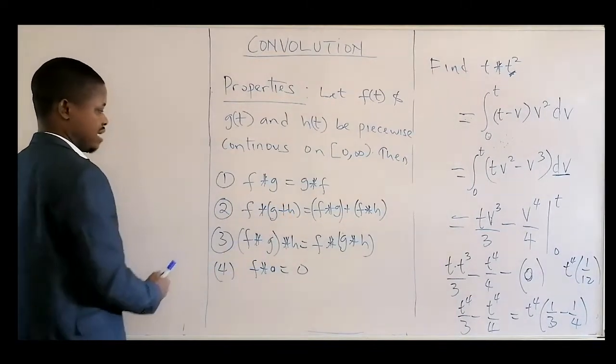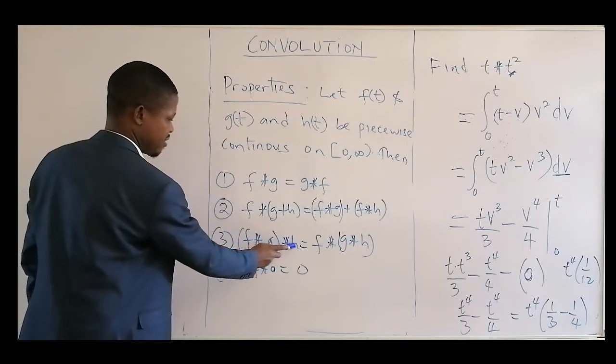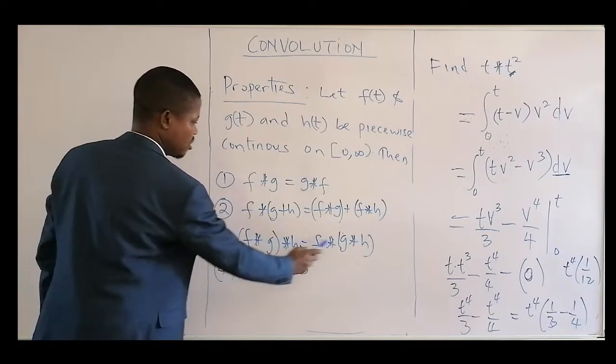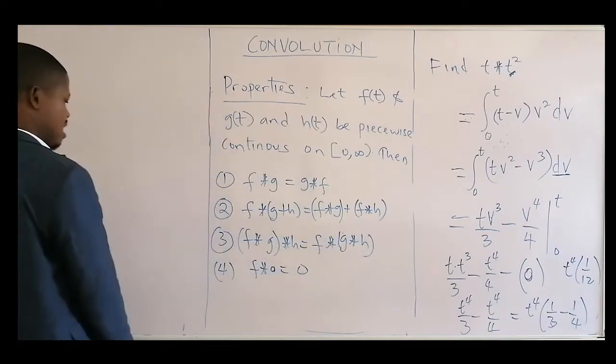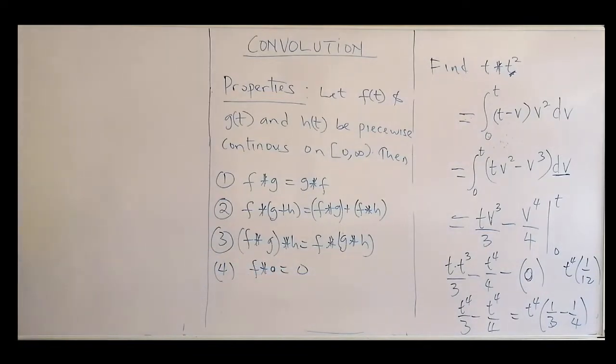And for this one, the f can go outside, then you can combine these two together. If you convolute f with 0, that will be 0. So these are the properties.